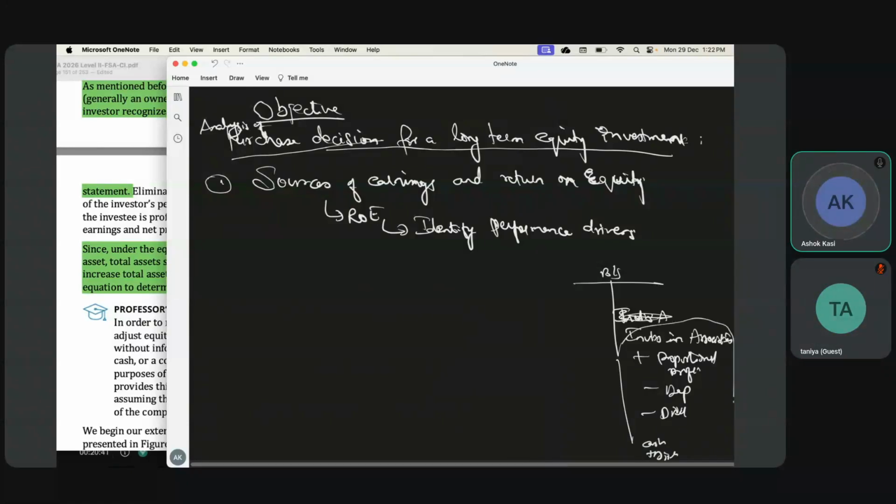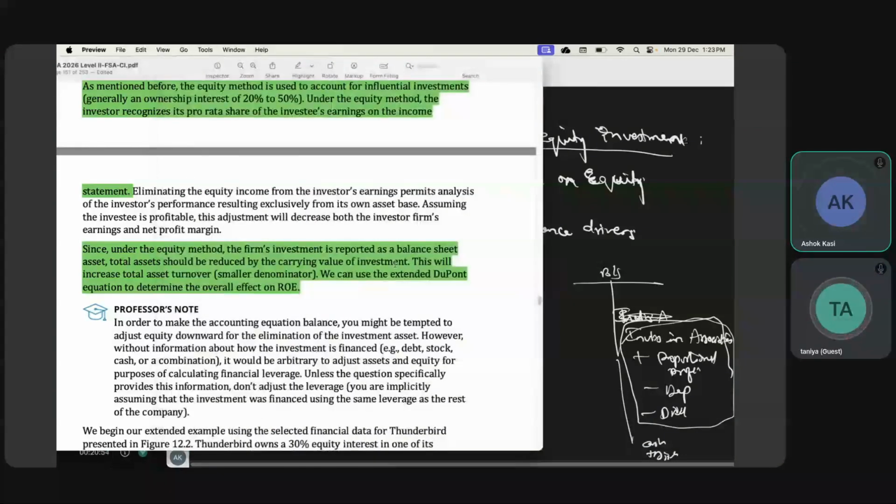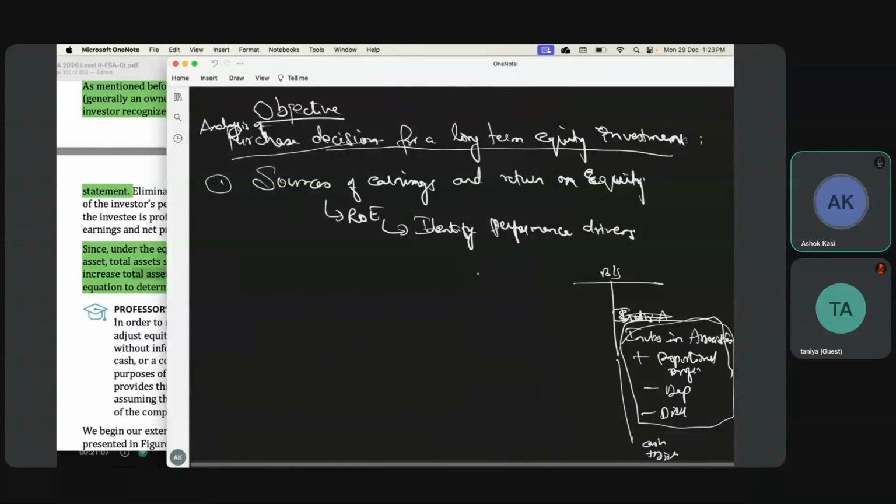So now this part is all coming from other investments, which is increasing the asset. So what should we do? We can adjust. These are all the adjustments an analyst will do. Adjust means the analyst will remove this, reducing the carrying value of these investments. When he reduces it, total asset turnover will increase. Why? Because the formula is revenue by assets.